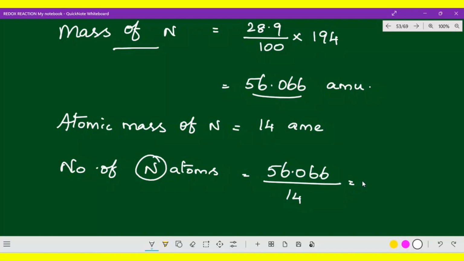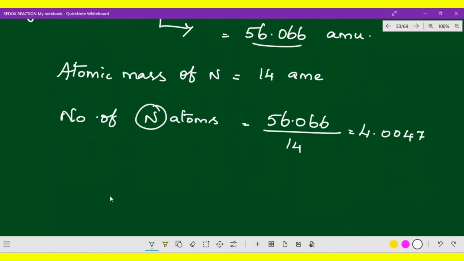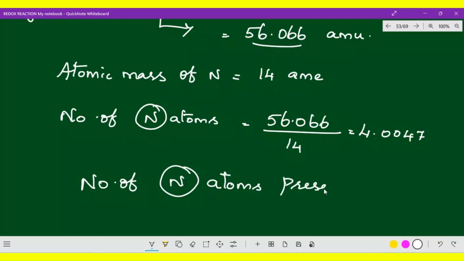I've explained how to identify the formula; in that complete molecule you are getting the nitrogen mass, the given mass. So you will get 4.0047. So 4.0047 is the number of nitrogen atoms present in the molecule.